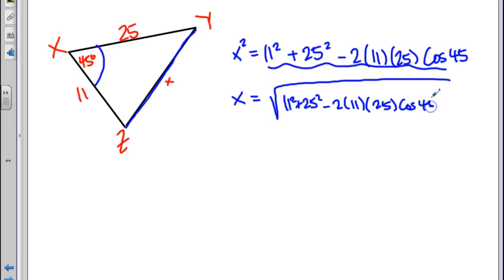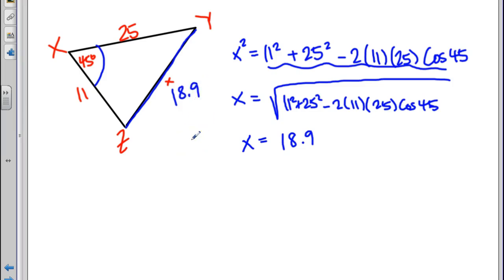Now, we talked a little bit in class about how we could put this in our calculator, that we can actually put this in and then push the square root key and then second and the little negative sign at the bottom, because above it says answer. Your calculator may be a little bit different, but you can always tell it to use your last answer and put it underneath that square root, or you could do it this way. All right, so either way, side X should be 18.9. So 18.9 for this side.